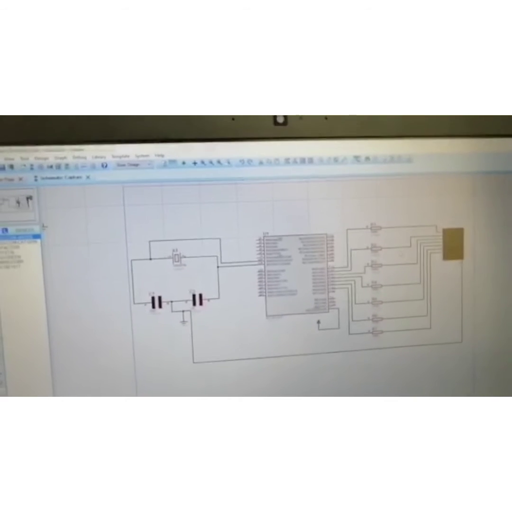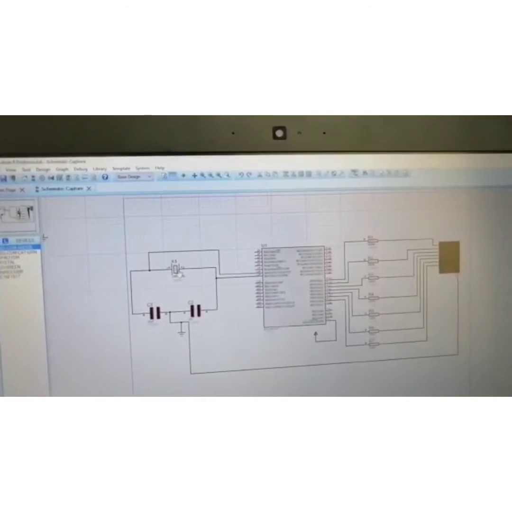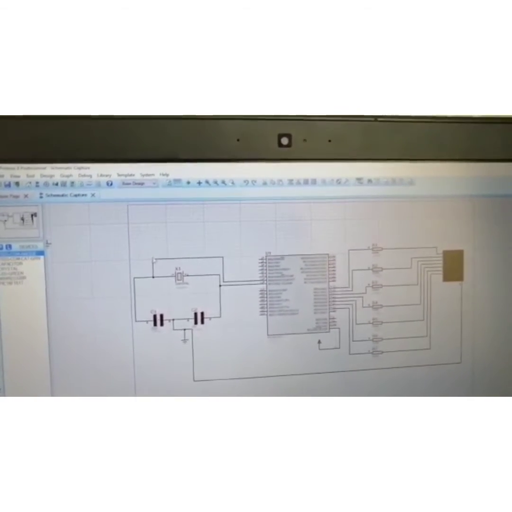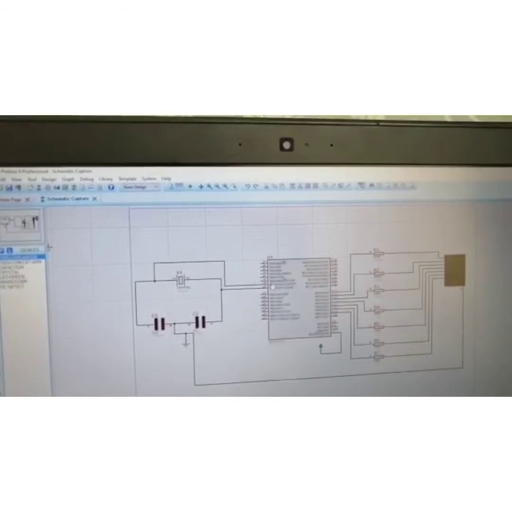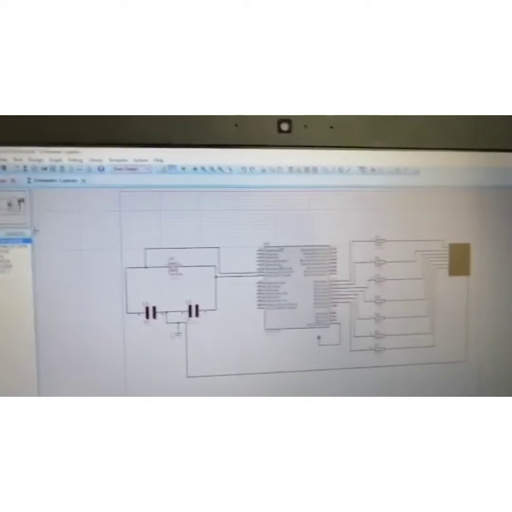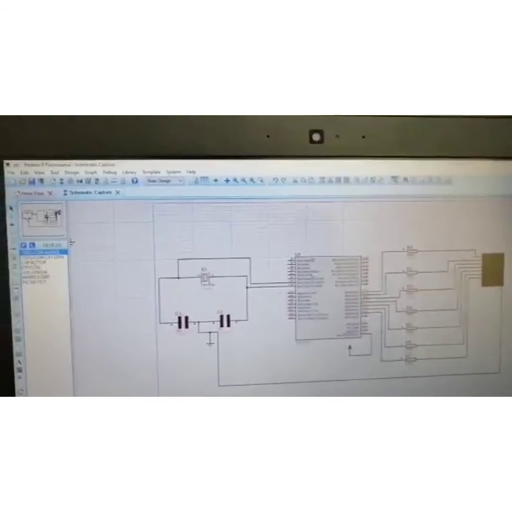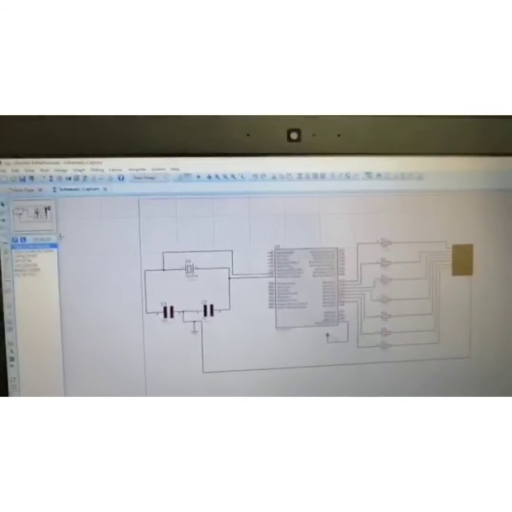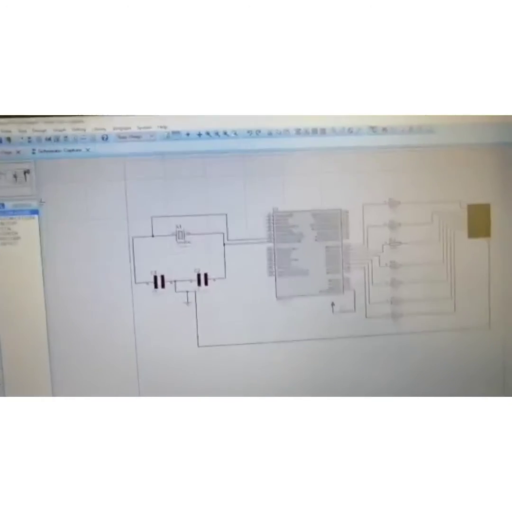Then you add the crystal: the first leg of the crystal is connected to RE6, the second leg to RE7, and lastly add the power supply to RE3.